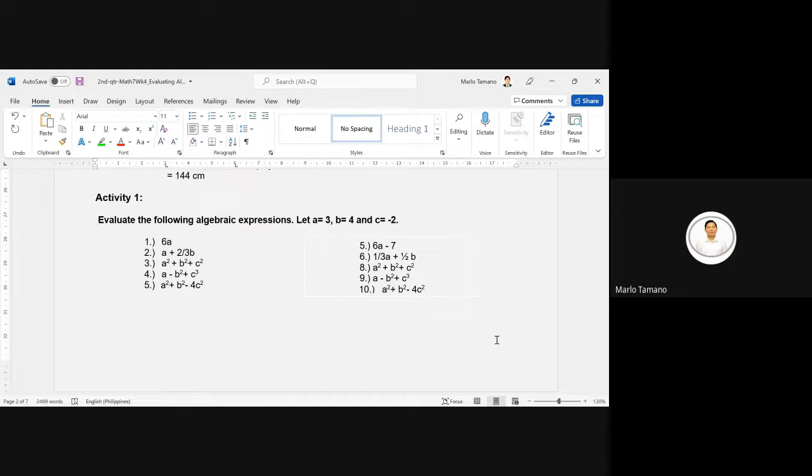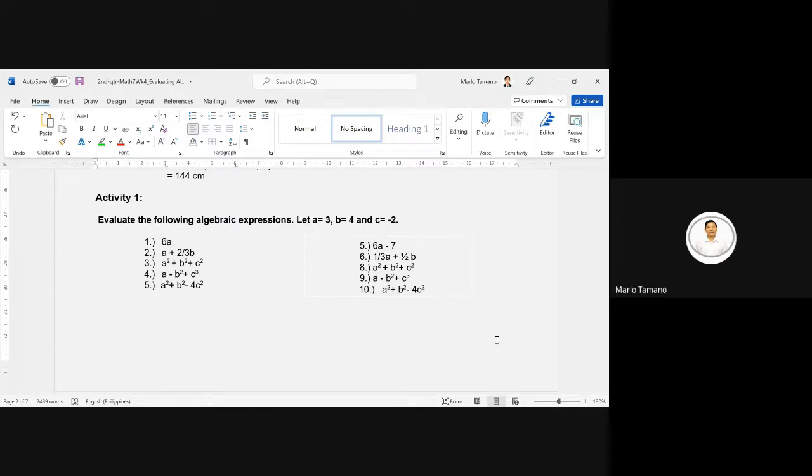Three minus, replace B with 4. So 4 squared plus, replace C with negative 2. Then 3 minus 4 times 4, 16, plus negative 2 times negative 2, positive 4.